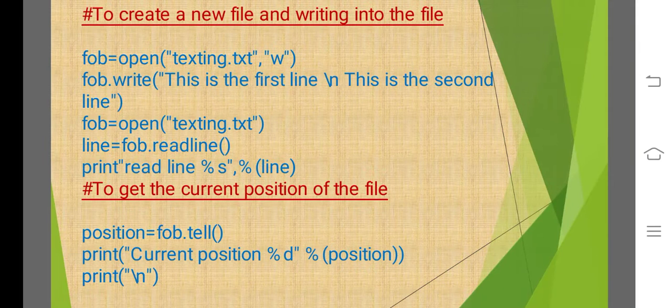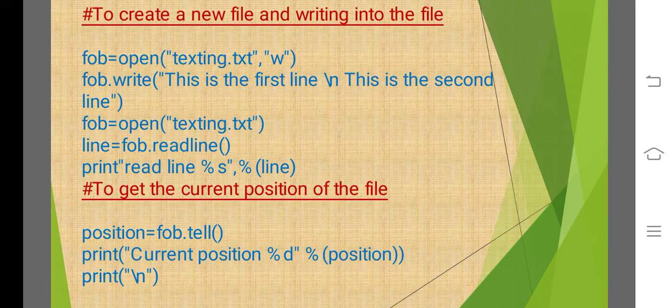See here, the first code is to create a new file and write into it. For creating a new file, see here, fob is the object for opening a file. Open is a function, texting.txt in writing mode.